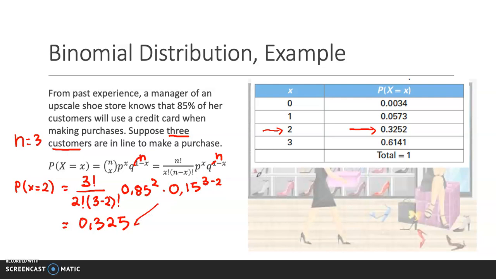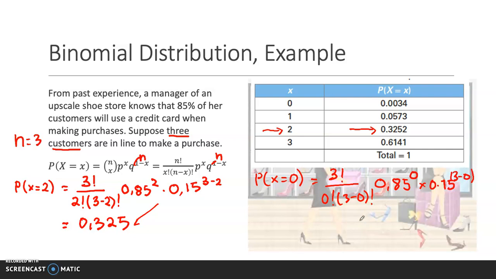Let's try again. If we want to know the probability that none of the customers used credit card, using the formula, it's just 3 factorial divided by 0 factorial times (3 minus 0) factorial. The p is 0.85 to the power of x, which is 0, times 0.15 to the power of 3 minus 0.